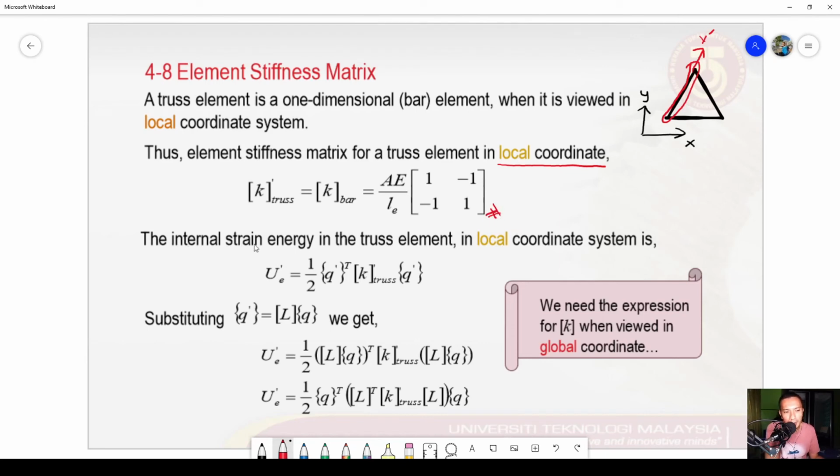Then the internal energy in the truss element in the local coordinate system, which is obtained from the potential energy equation, can be given by this equation.